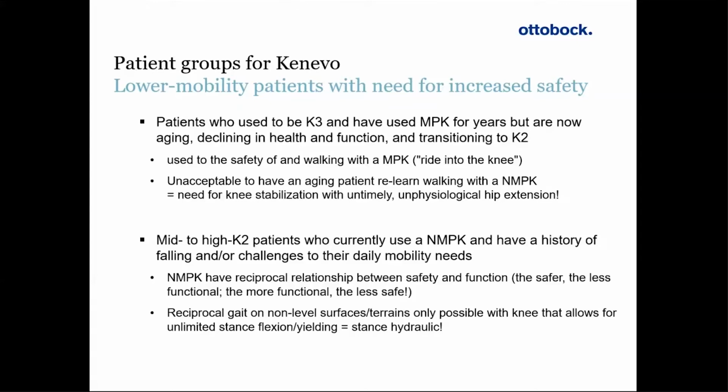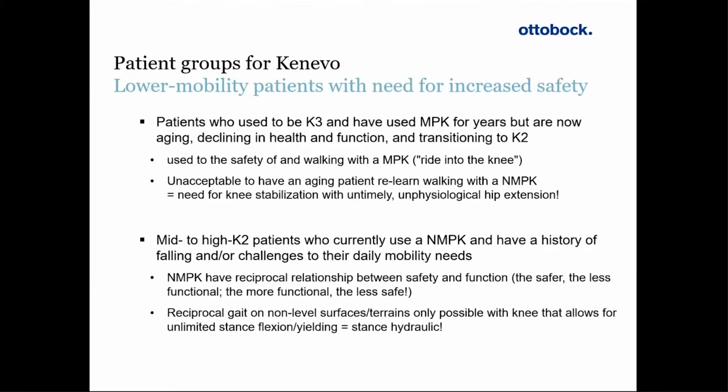So in those patients who use a non-microprocessor knee and have a history of falling, the argument would be to add the stumble recovery feature, or rather stumble recovery plus, in the Kenevo for increased safety. Patients who have mobility challenges need a knee that allows for more function but not reduced safety.